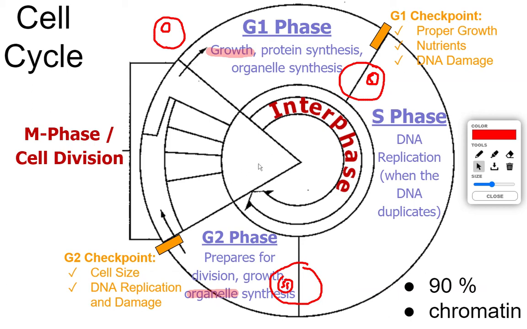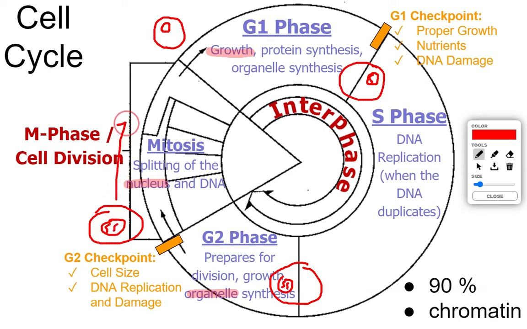Two things happen. One is mitosis, and the key thing about mitosis is that it's the splitting of the nucleus. Basically, here's our cell, and we have our nucleus. Here's how we start: it has two pieces of DNA. To end mitosis, we have our cell and we have two nuclei.